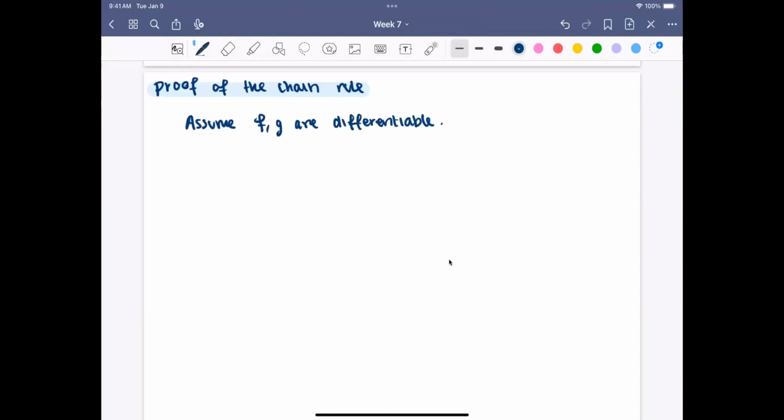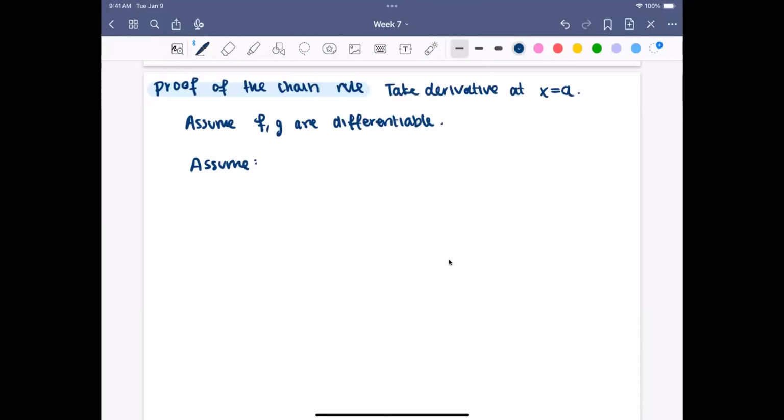And then I'm also going to assume, let's say we're taking the derivative at some value x equals a.